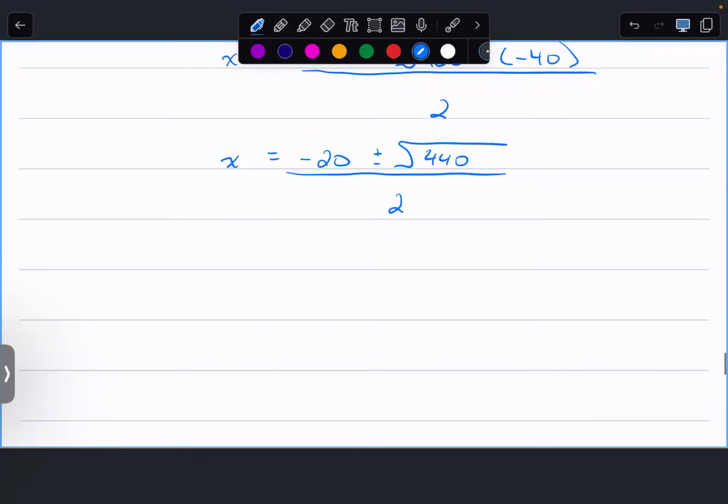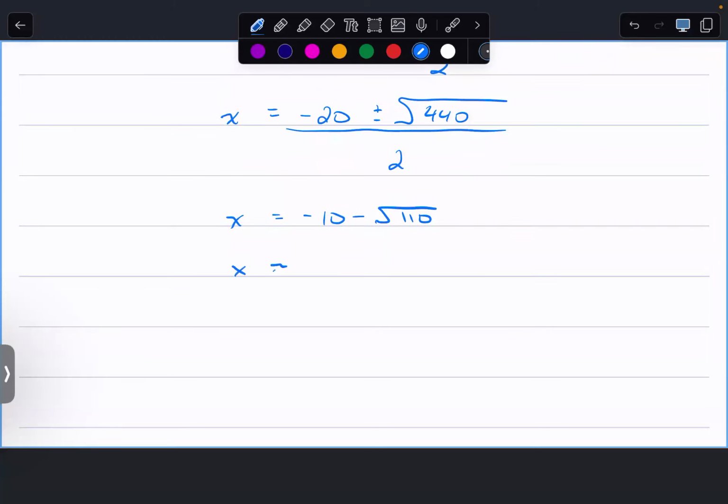So what you're going to find is you've got x is negative 20 minus the root of 440 divided by 2, and I get negative 10 minus the root of 110. And below it, I'll do the approximation: negative 20.488088848.